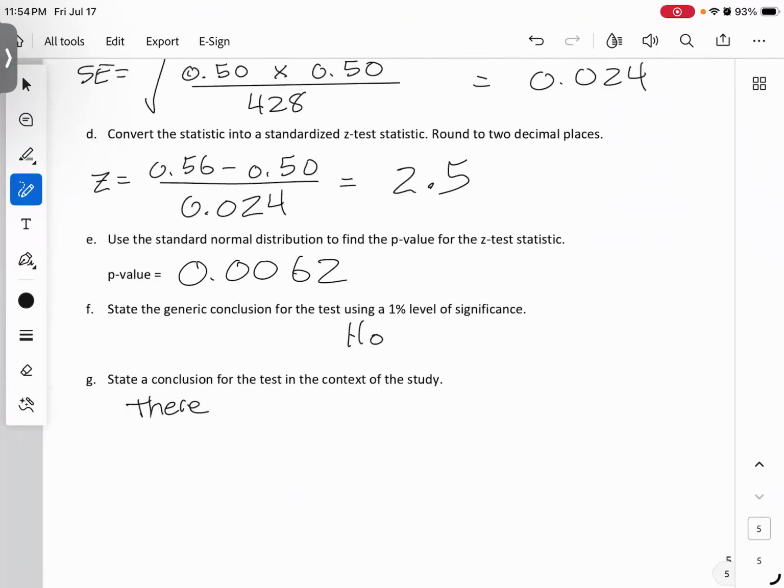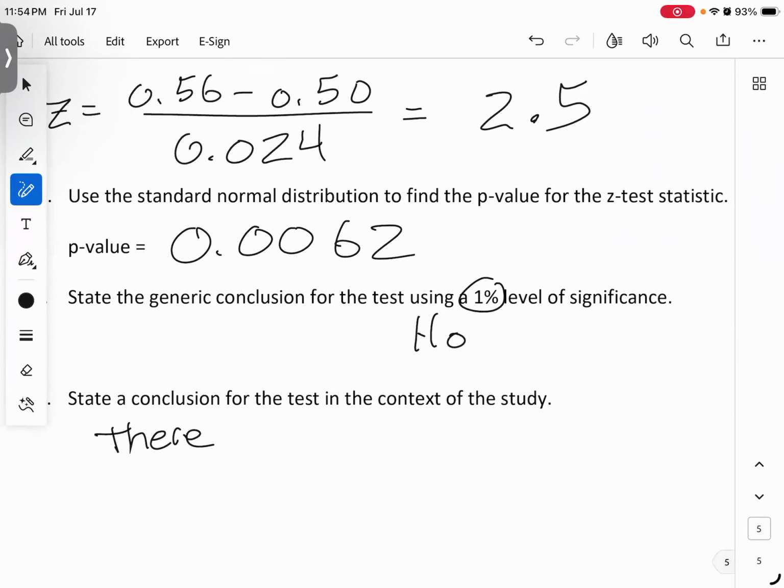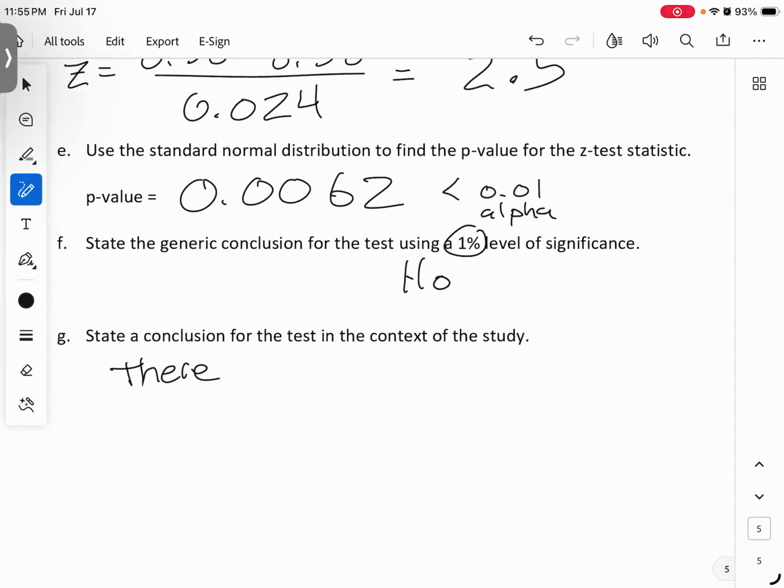That is very small. Even more so, it is smaller than an alpha of 1%. So the likelihood of the result that they saw from the sample being a fluke is really, really small. So we're definitely able to reject the null hypothesis.